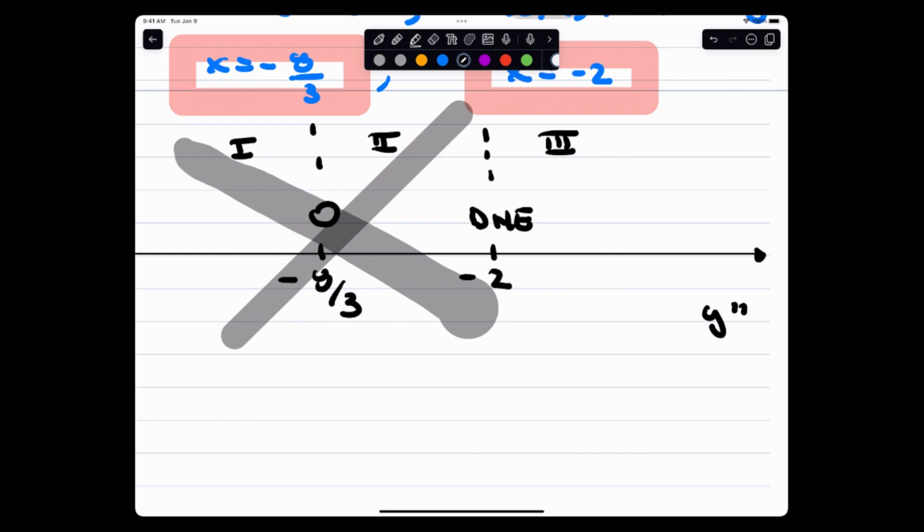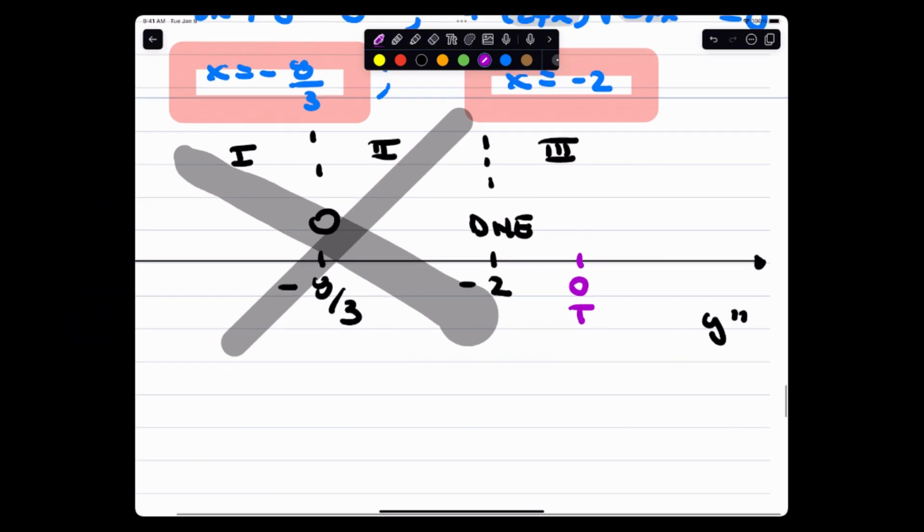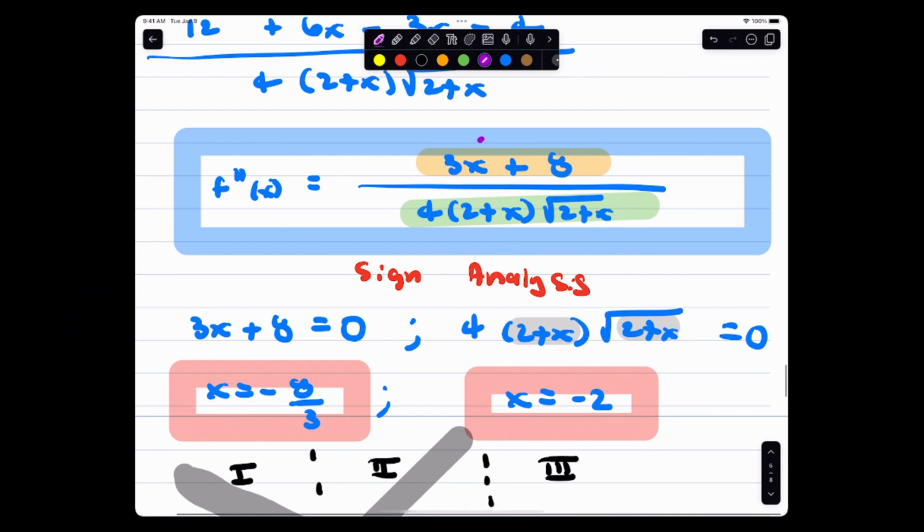So when I do my sign analysis, I only have one region to check. And since 0 is available, oh my God, this is beautiful. Isn't 0 available? So plug in 0. You guys know something?